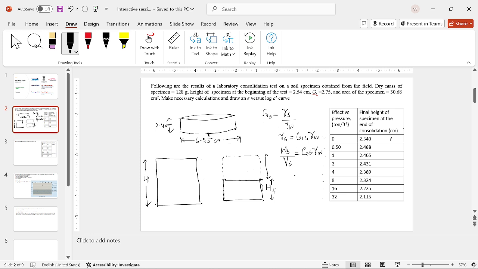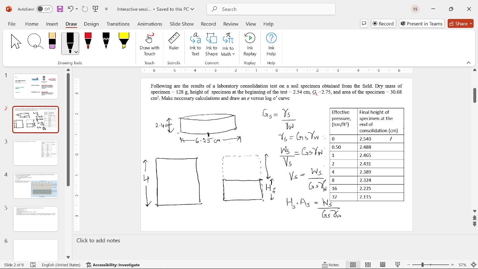So the volume of solids is equivalent to weight of solids over GS gamma W, isn't it? And we know volume is area into height. So height of solids into area of solids is equivalent to weight over GS gamma W.